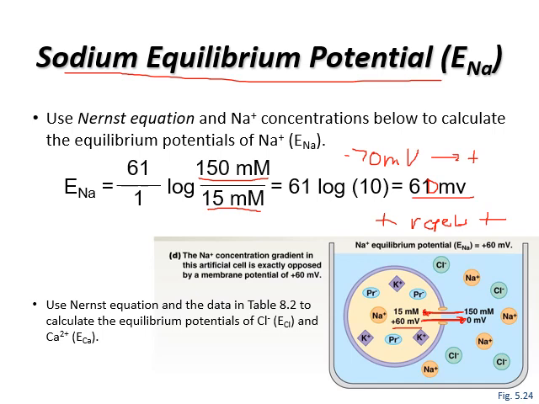So sodium doesn't come in all the way to equilibrium; it is repelled by this electrical force. It would only come in until we reach positive 60 millivolts, and then sodium would stop rushing in because of its equilibrium potential, which is positive 60.